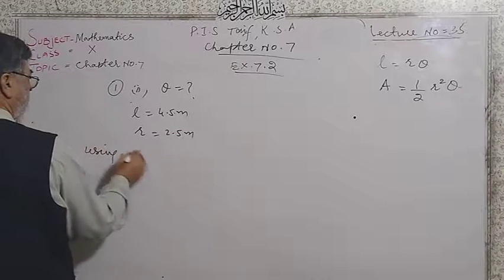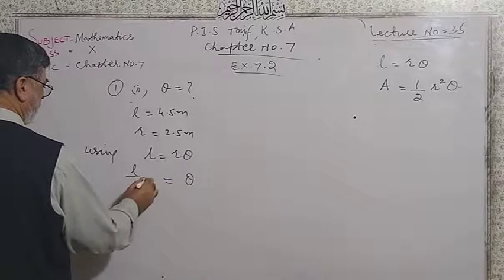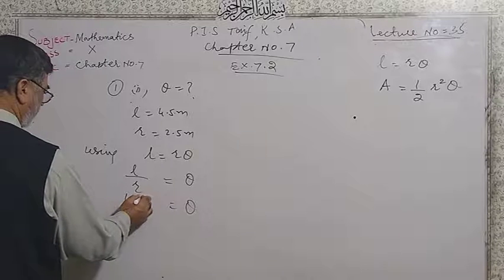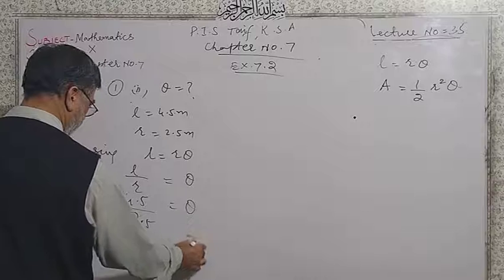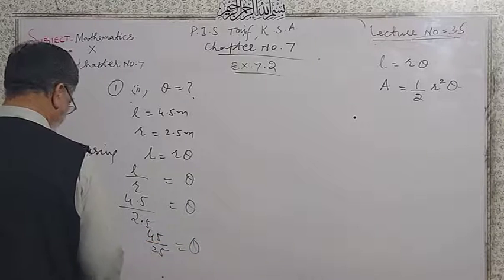Using L is equal to R theta, theta is equal to L over R. So theta is equal to 4.5 over 2.5, which is 45 over 25.